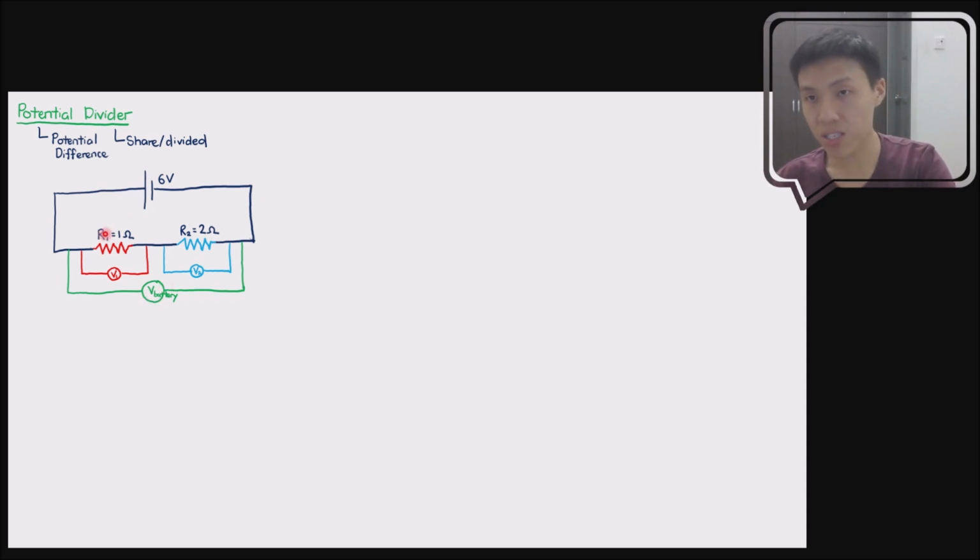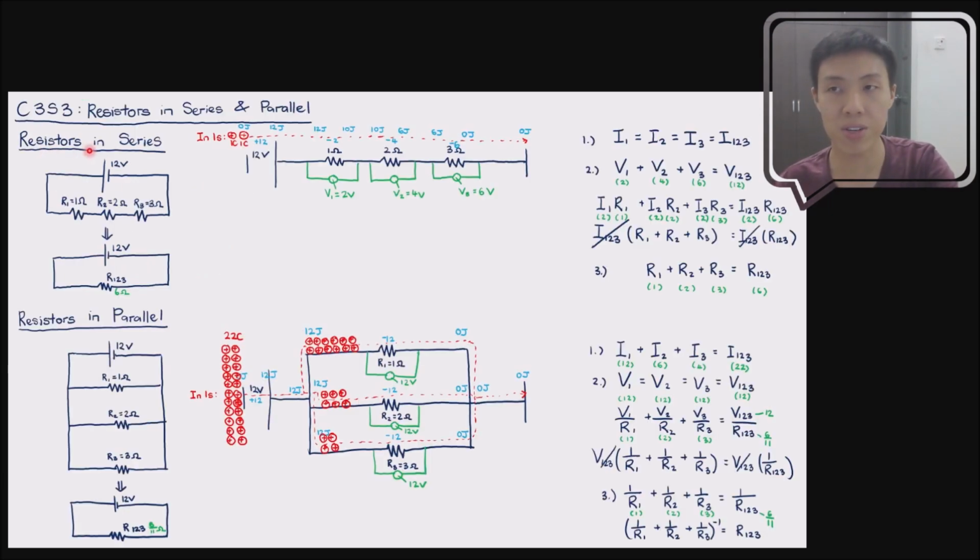Because this is a series circuit, based on our understanding from the previous video, we know that resistors in series, their current should be the same.